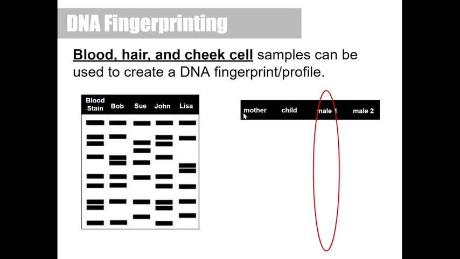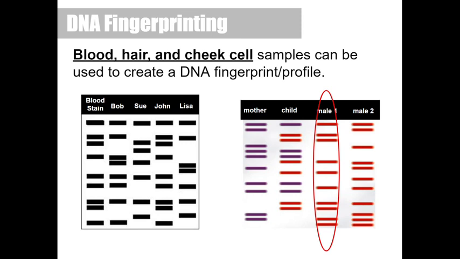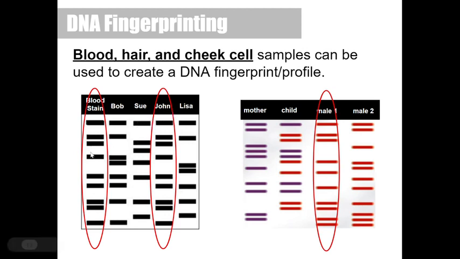Now we have people over here that are just known as mother, child, male 1, and male 2. So we are going to be focusing on male 1 right here. So we're going to try to see if his DNA will match with any of the DNA over here. And if you notice, John matches the blood stain bar for bar.